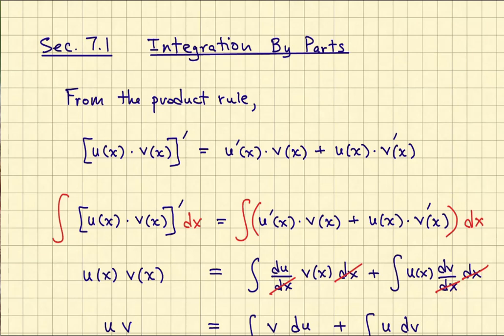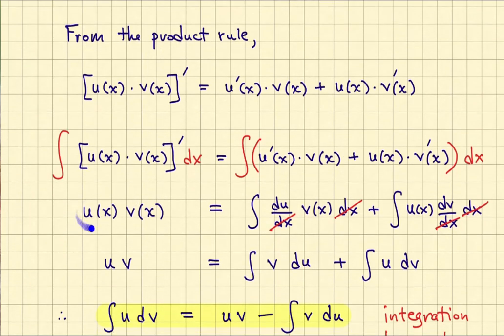Now, just operating formally, even though these aren't fractions, if we treat them as such, you can think of these dx's as canceling. This is just a heuristic. And here we would have a uv on the left-hand side, and on the right-hand side we'd have an integral of a v du plus an integral of a u dv.